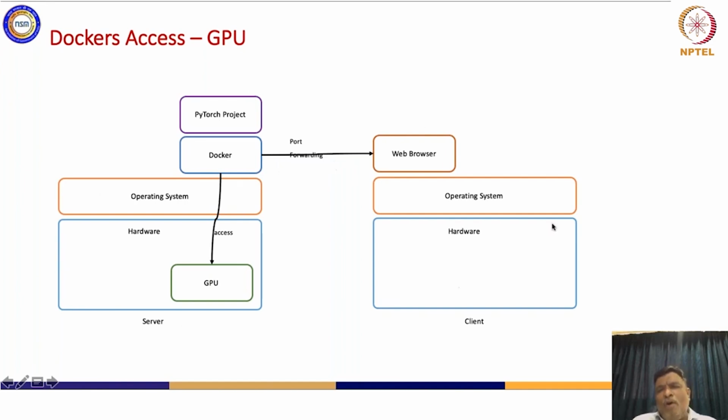The thing which gets done here through port forwarding, this is your system from where you are trying to run this Docker on this hardware, and then you project it to your own web browser and can work with Jupyter Notebook. You can work with many things, okay? So this is the overall idea about how you can work with Dockers, right?